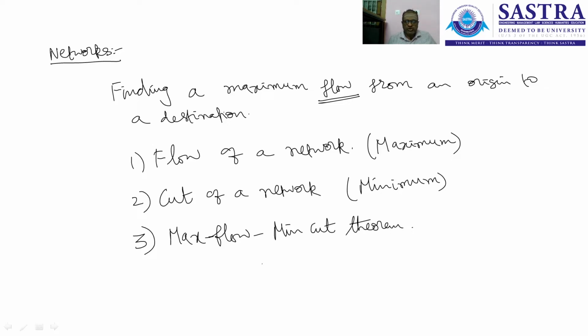And of course, in the subsequent lectures, we would define an improved or a beautiful algorithm called the Ford-Fulkerson algorithm, which helps you to find the maximum flow of a given network.